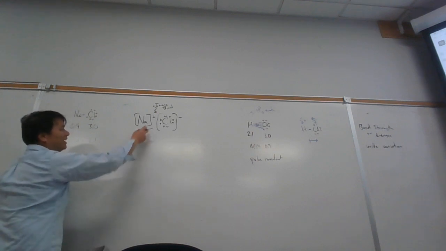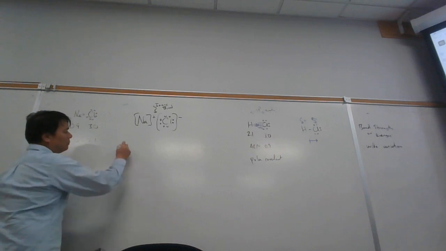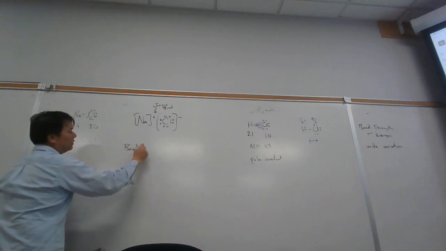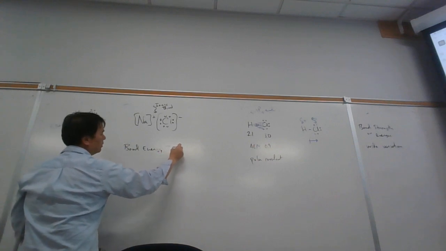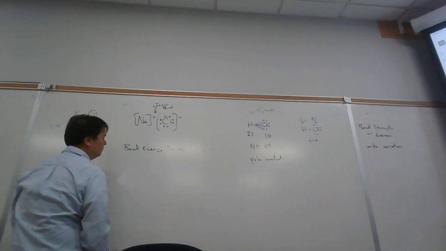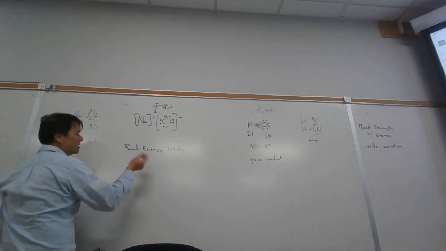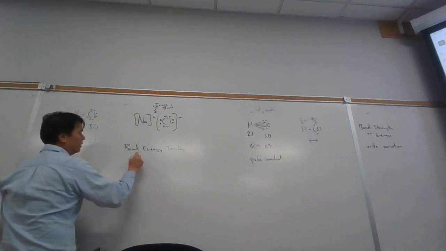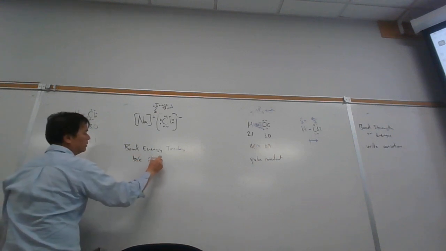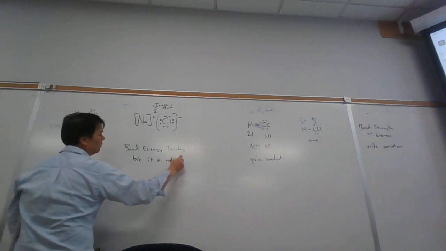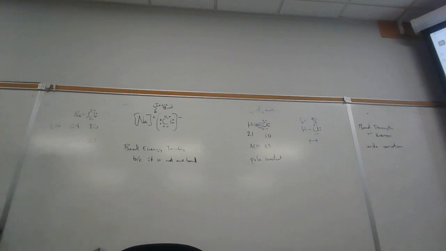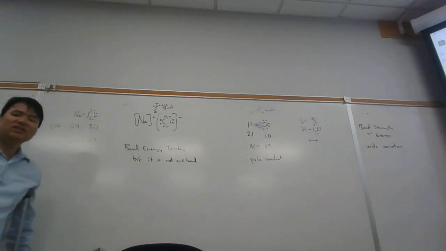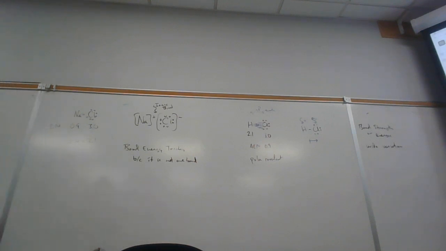How strong is this bond? Now, the bond energy is tricky here. The reason it's tricky is that it's not one bond. For example, gold, each gold atom is not bonded to one other gold atom.